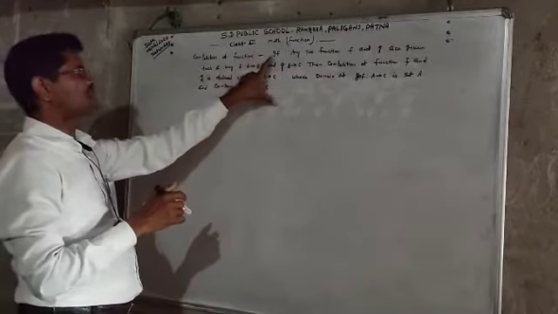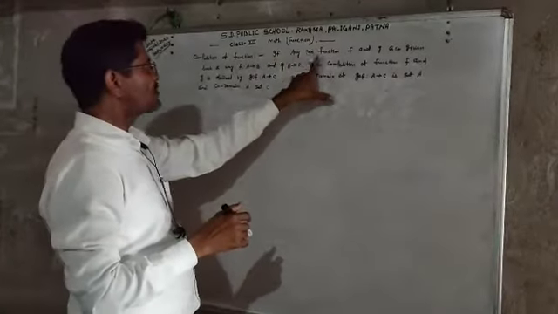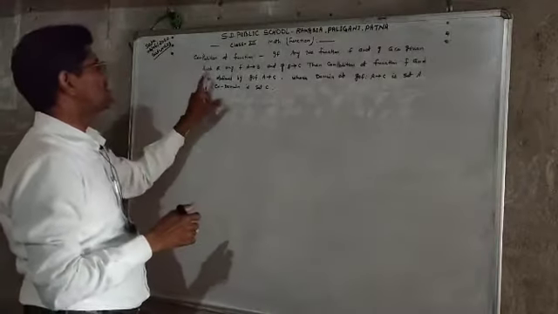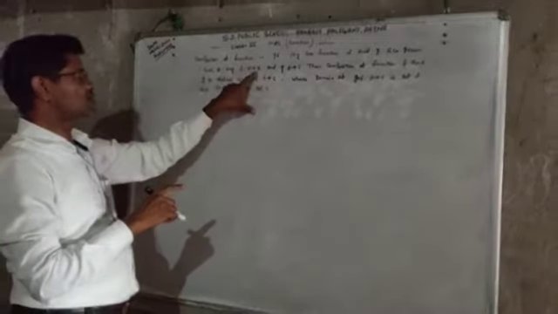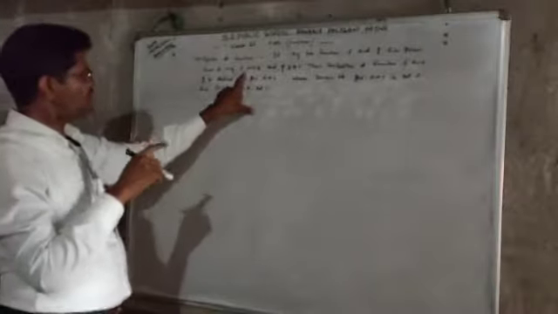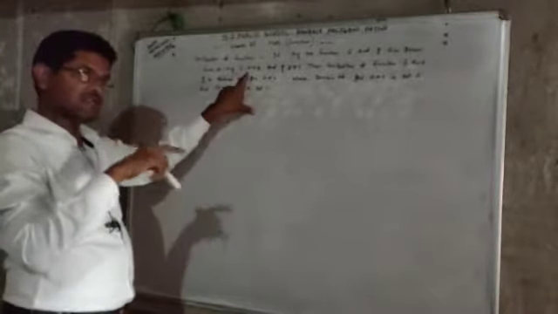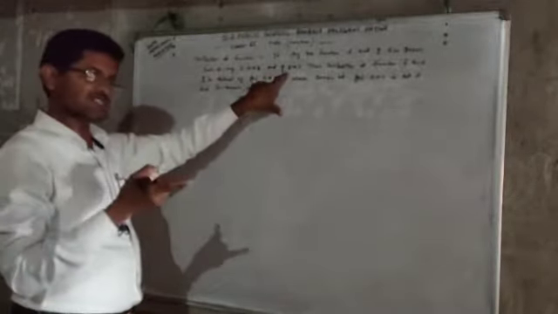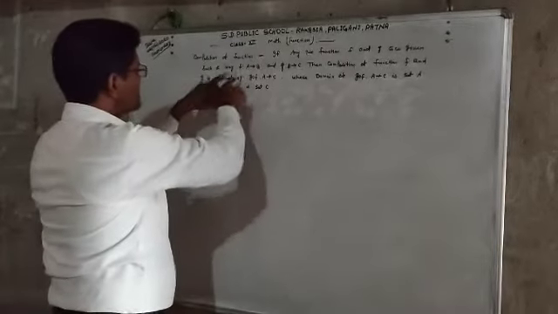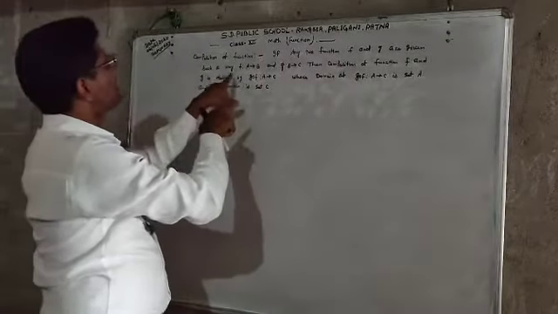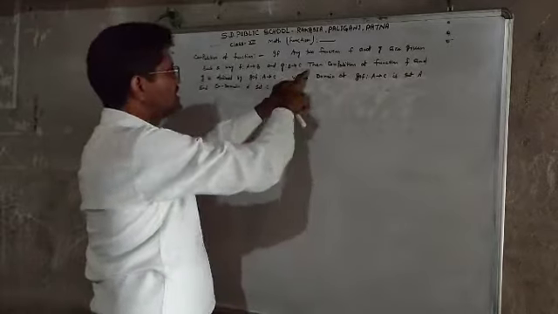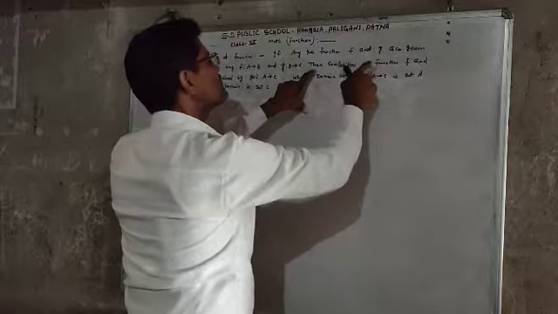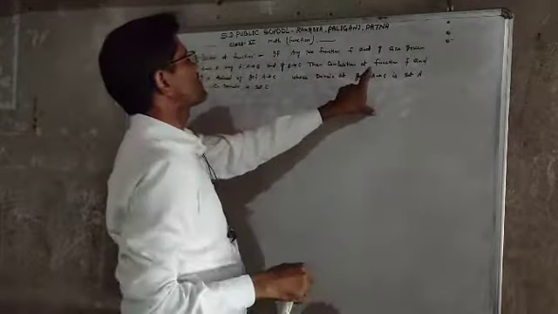The definition is: if any two functions, function f and function g, are given in such a way that f is defined from set A to set B and g is defined from set B to set C, then the functions f and g can be combined and the result is called the composition of two functions.